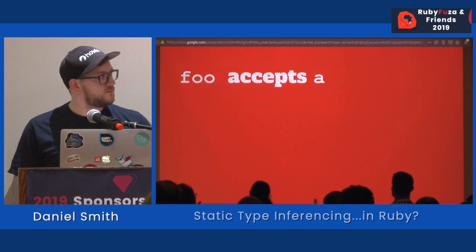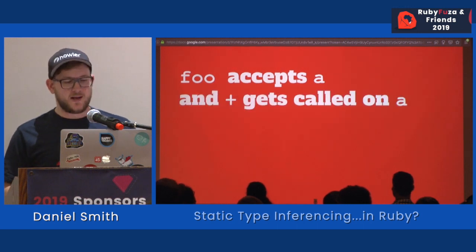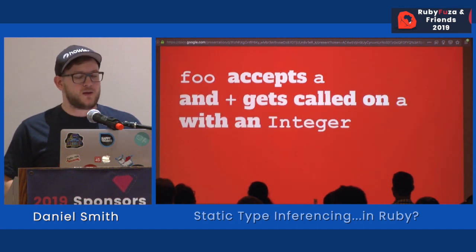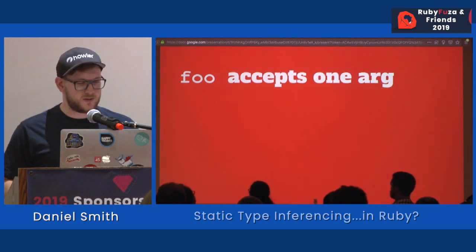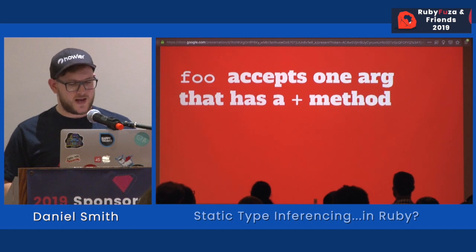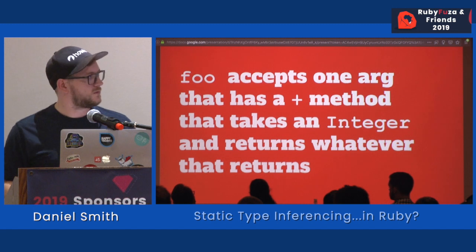So you can look at this and say, cool, foo accepts a. And plus gets called on a with an integer, and it's the last expression in the method, making it the return value. So foo accepts one arg that has a plus method that takes an integer and returns whatever that returns.